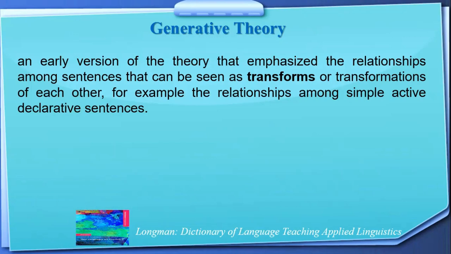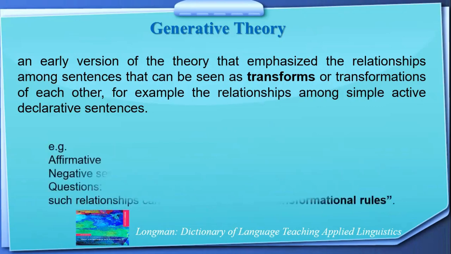Now, when we talk about generative theory, it emphasizes sentences and how they transform from one shape to another, or from one type of sentence to another. For example, the relationship between a simple active declarative sentence and other sentences, such as negatives.